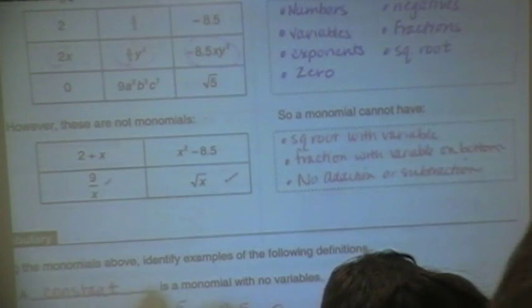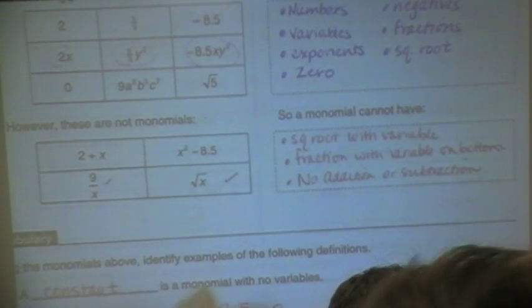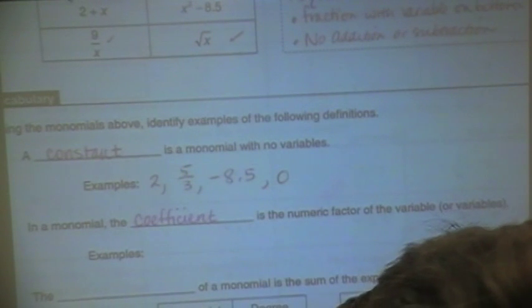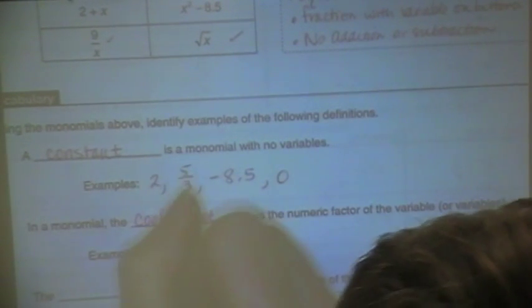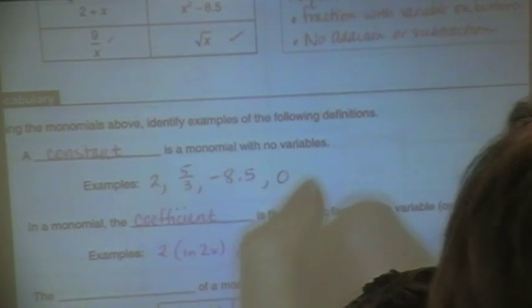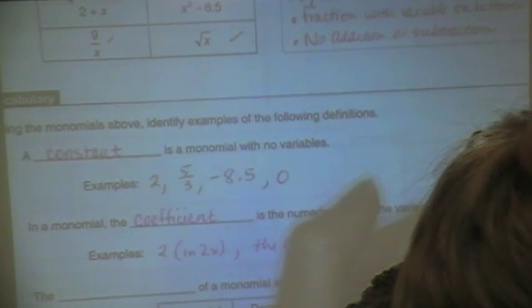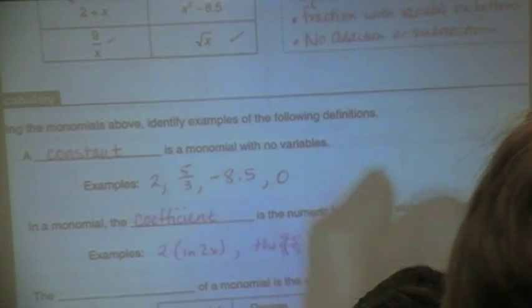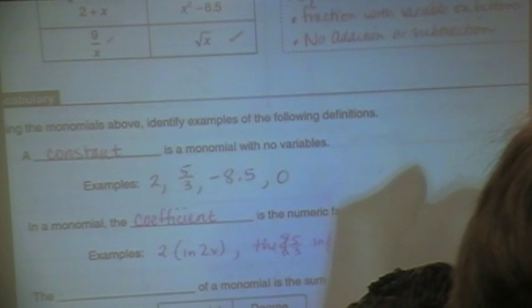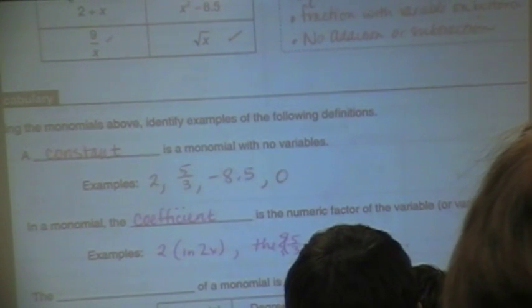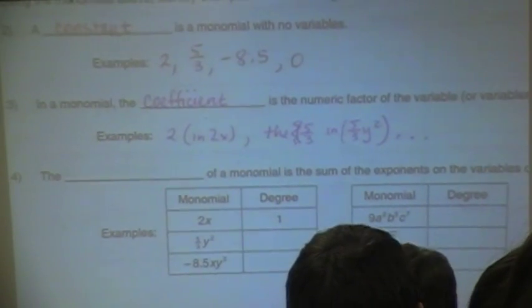In a monomial, the coefficient, so the 2 is x. Et cetera, et cetera. You get it. It's the number part of something that has a variable.